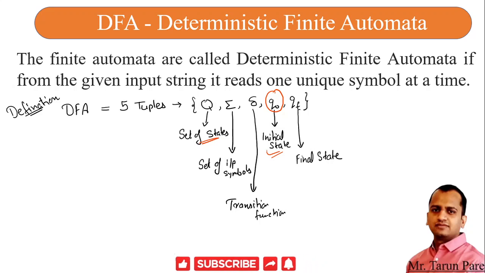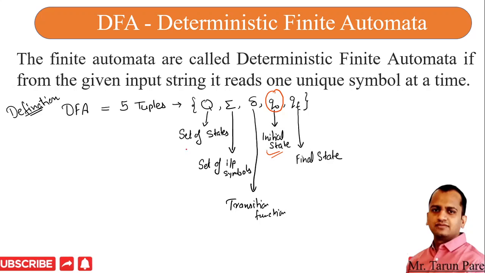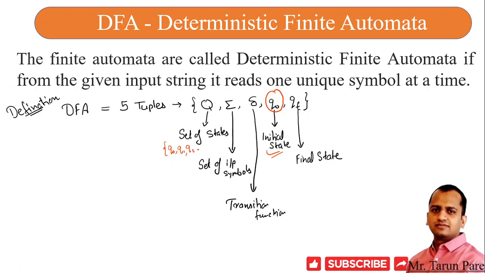How do we represent the states? We represent the states in the form q naught, q1, up to the states we want. I'll repeat the same: q naught is the initial state, q1, q2 up to qn as required by the transition diagram.